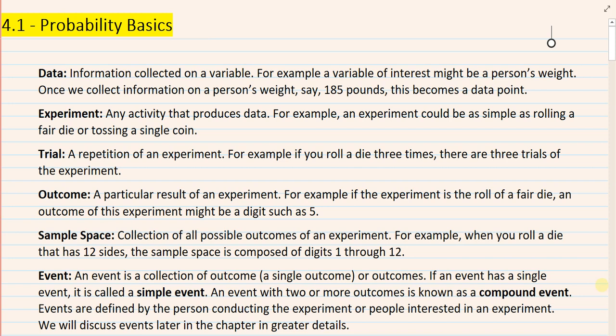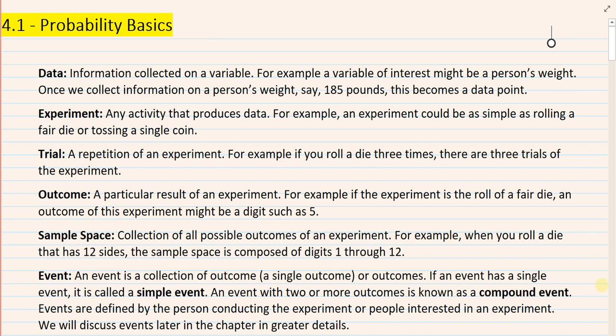Then we talk about the universe or the sample space. The sample space is the collection of all possible outcomes of an experiment. For example, if I pick a random page from your book, suppose the book has 500 pages, and I'm just looking at a page at random.